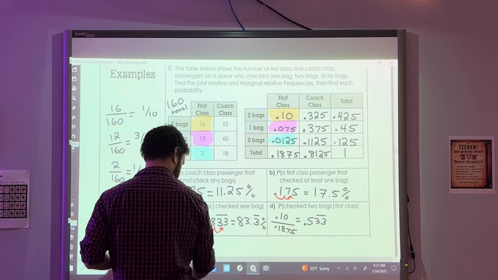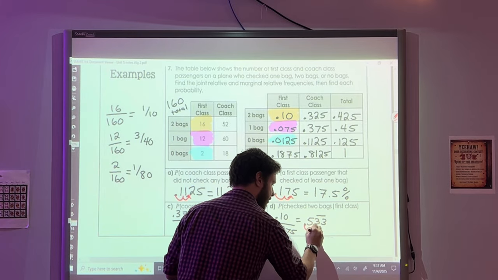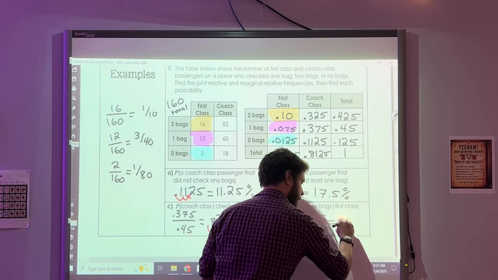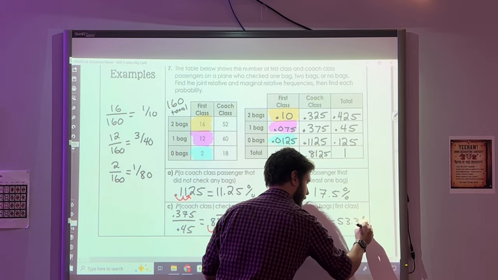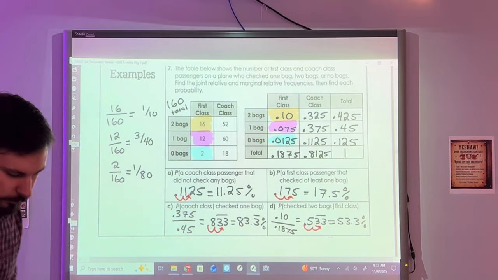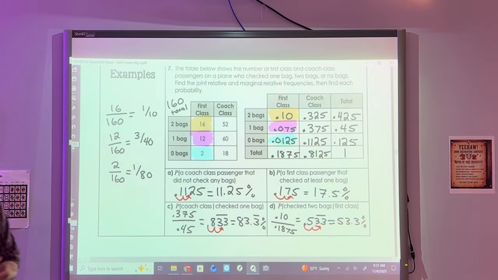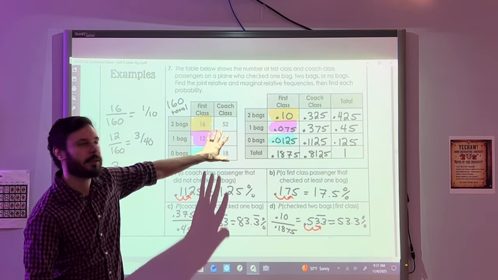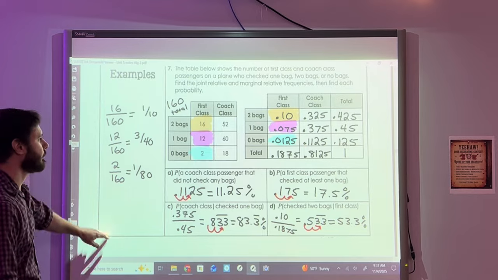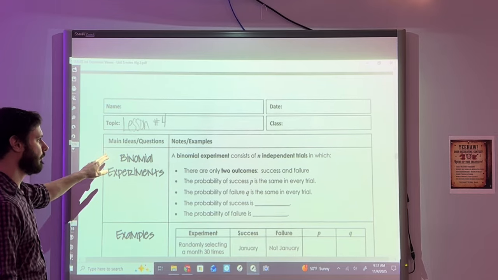To change that, drag that decimal 2 to the right. And I get 53.3%, repeating. Okay. So it takes a little bit of time, but it gives you your answer right away. Hey, that's it.